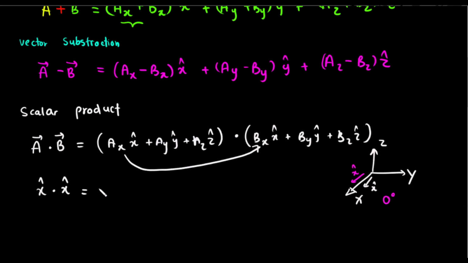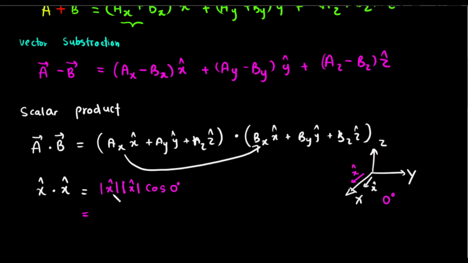Now I'm going to go through the definition. It is the magnitude of x hat times the magnitude of the other x hat times the cosine of the angle between the two vectors. The angle between the two vectors is 0, so we have cos 0.